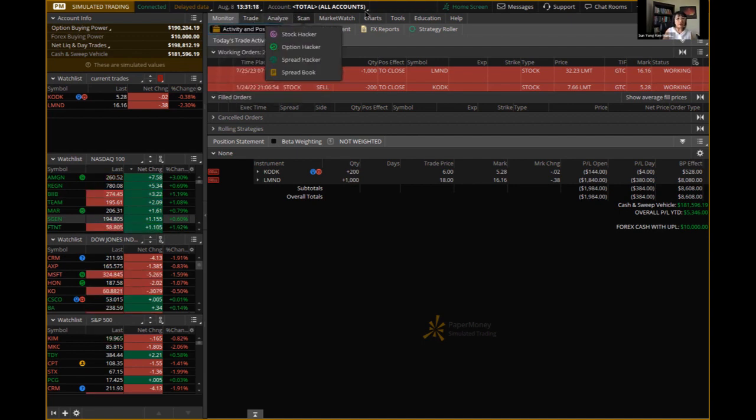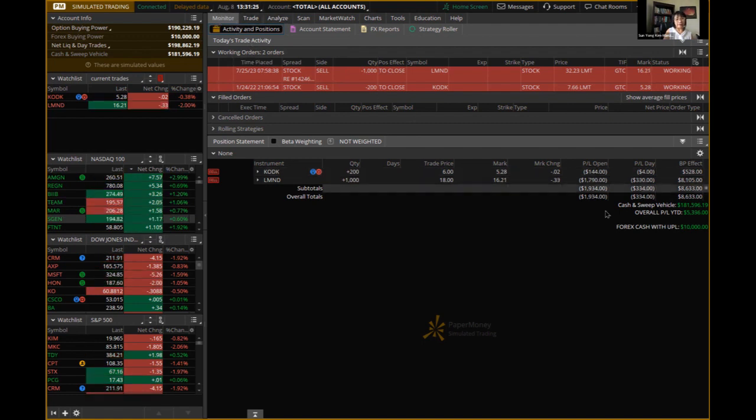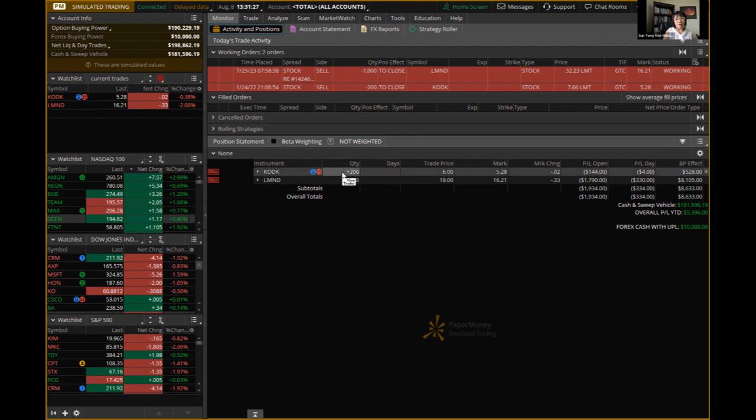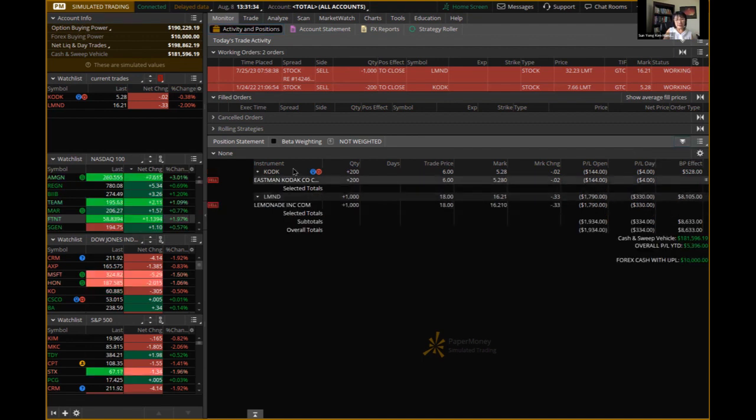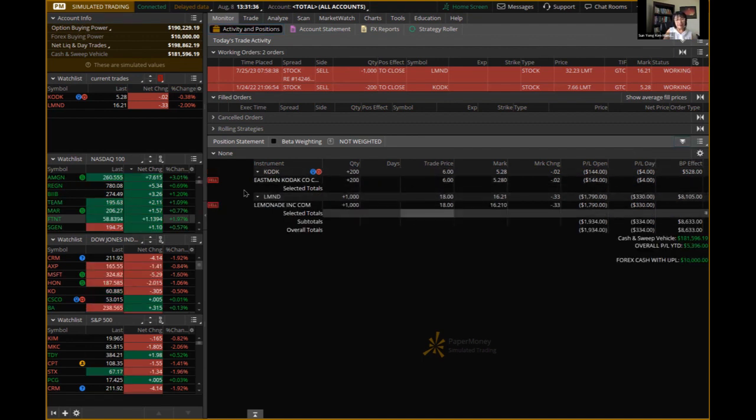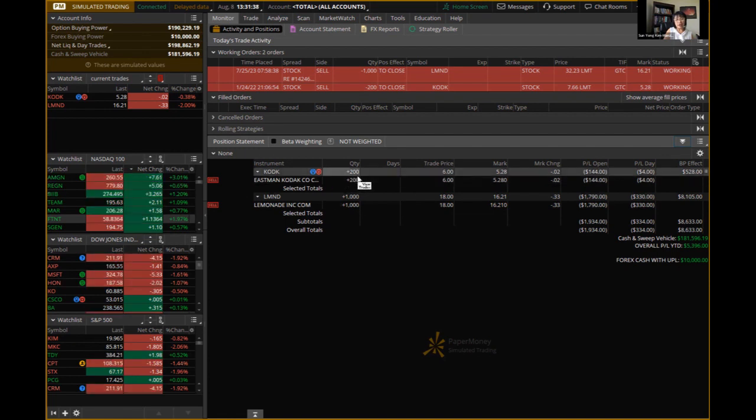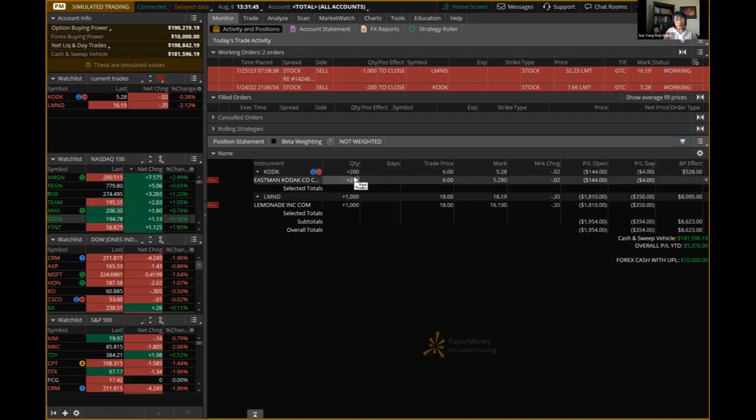So once you log on to the Thinkorswim platform, the main page is a monitor page right here. That's where we're at. Okay. Now, see the arrow here? When you click on that, you'll be able to see this in more detail, like how many shares of stock did I buy? I bought 200 shares, which is the same as 2 contracts of Kodak.